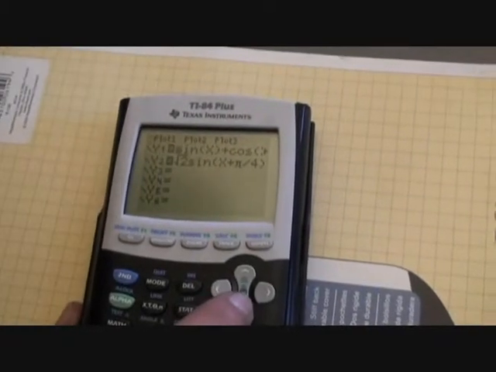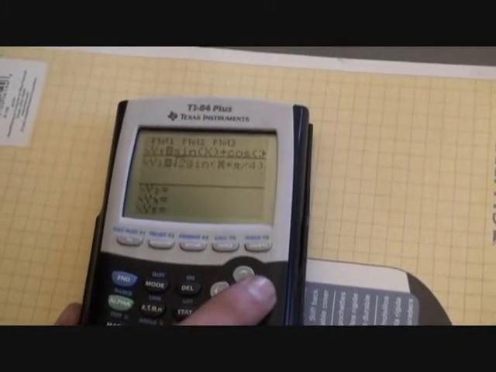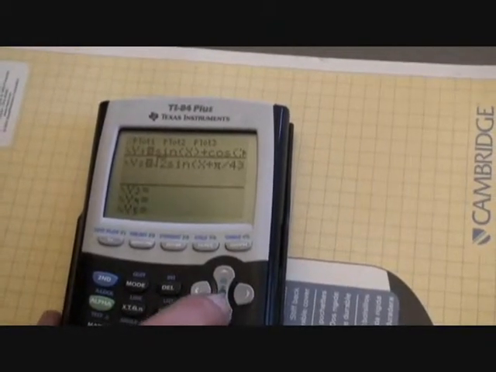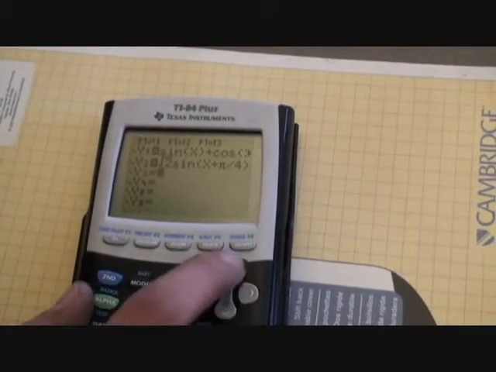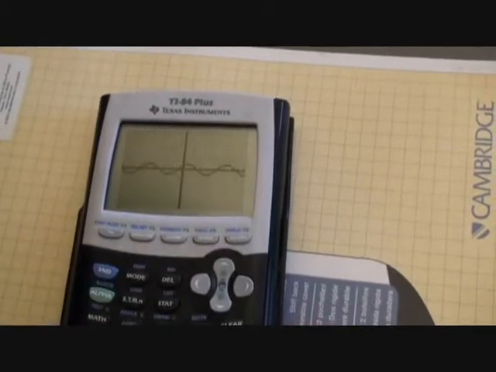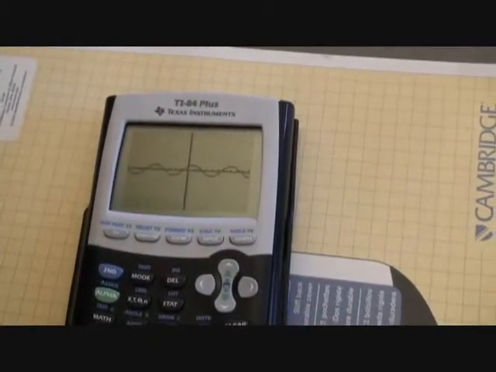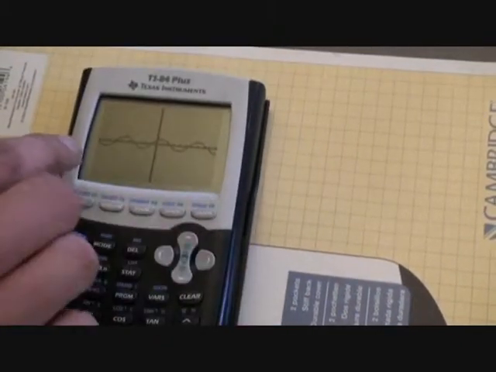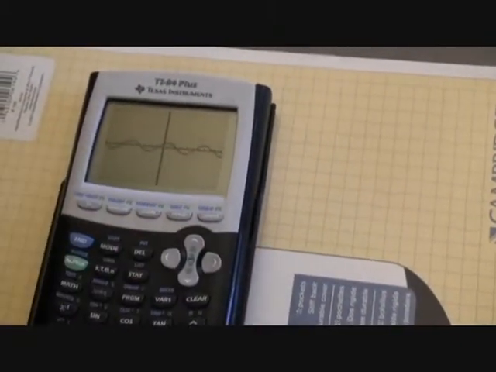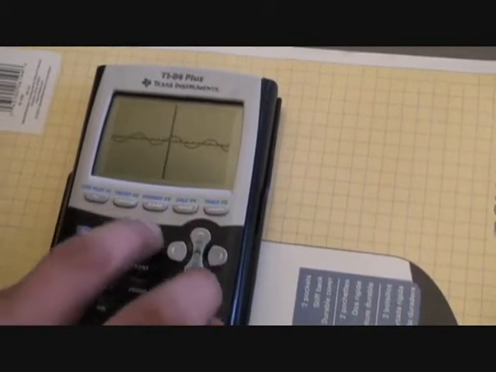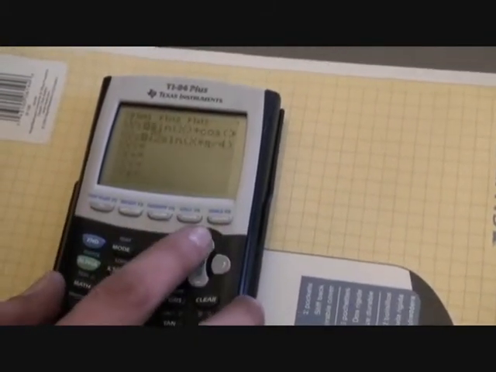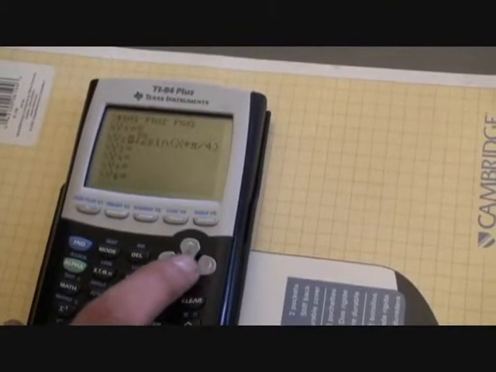And so here are the two equations. You can see we've mapped this one all out. So we'll press enter, and then we'll graph them. And this is what you get. But we can't know for sure if they're equivalent. So we go back to y equals, and we'll clear that graph.